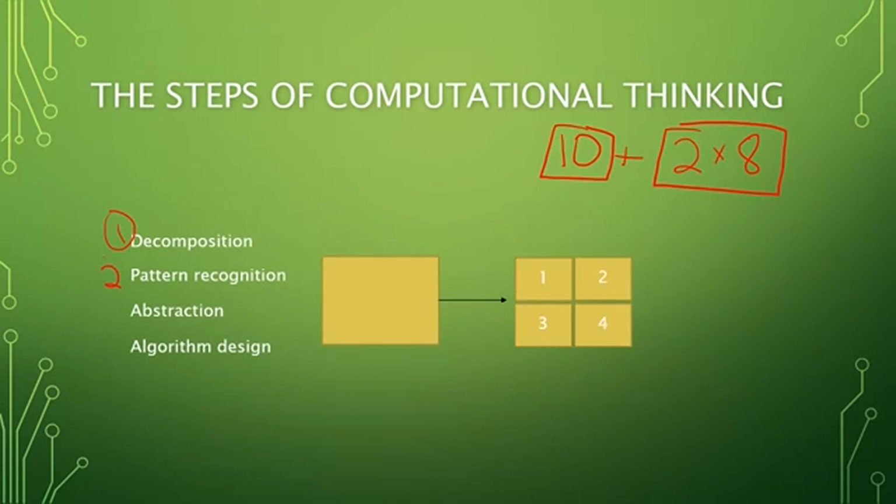Pattern recognition is the second. And pattern recognition is the ability to see how a current problem relates to a previously solved problem. Students oftentimes come to a problem that, sure, they've done something similar to it before, but as soon as they see it, they stop.